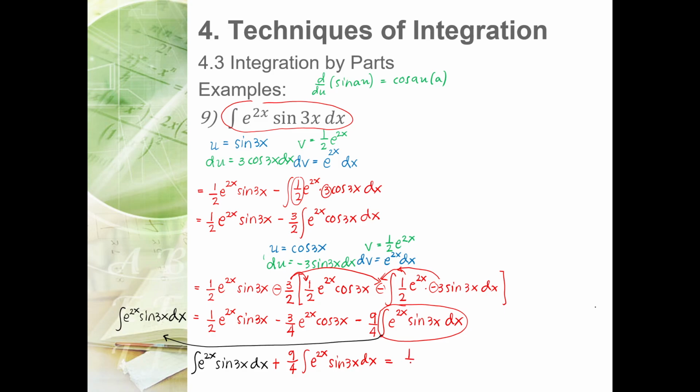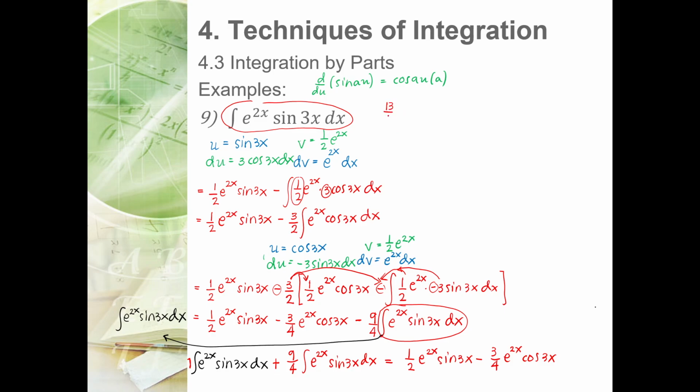So equal to 1/2 e raised to the power of 2x sine 3x minus 3/4 e raised to the power of 2x cosine 3x. So this one is 1 plus 9 over 4, that will be 13 over 4.